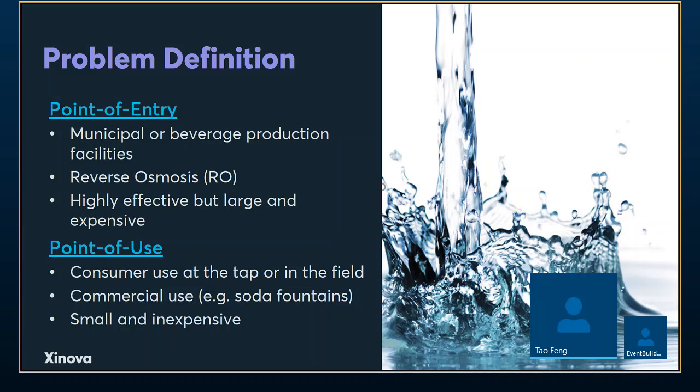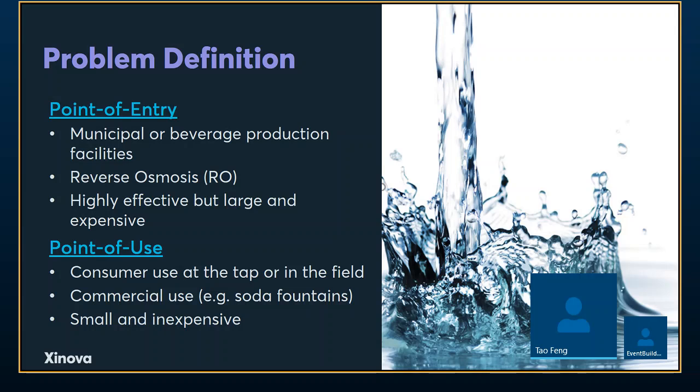The most effective point of entry purification systems all use technology based on the principle of reverse osmosis. In addition to the municipal facilities, beverage production facilities also have on-site reverse osmosis systems. That's how we get our bottled water or bottled beverages.